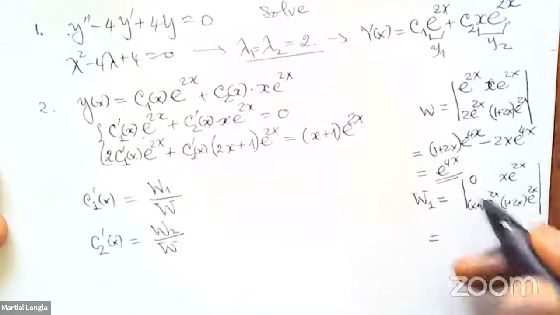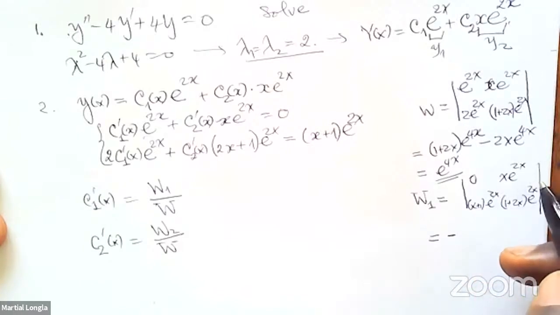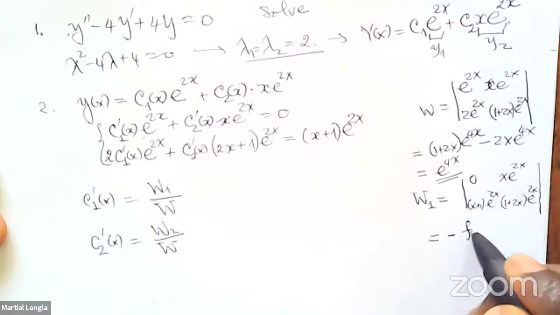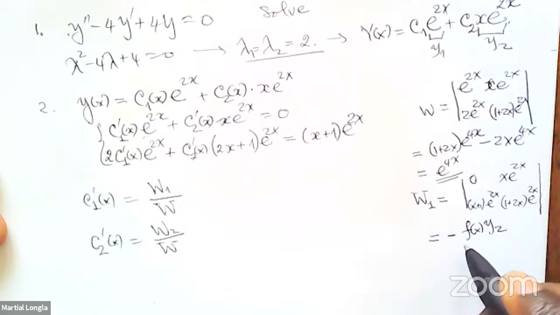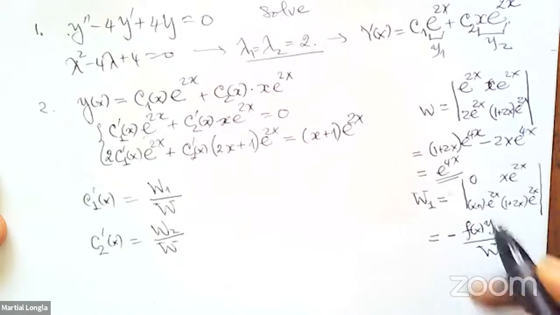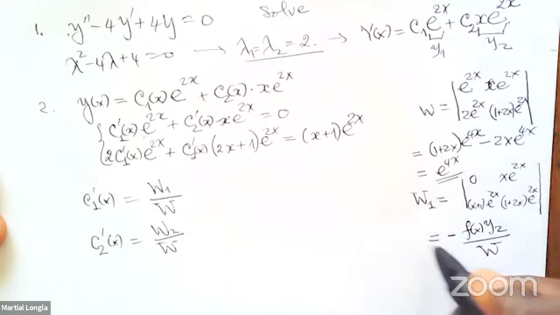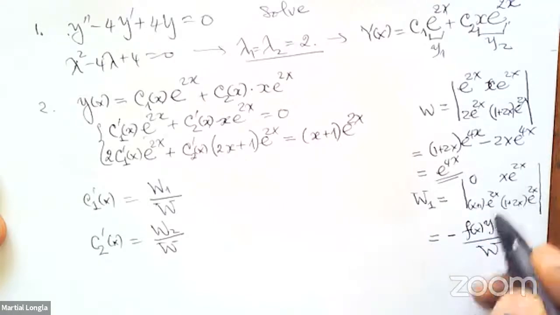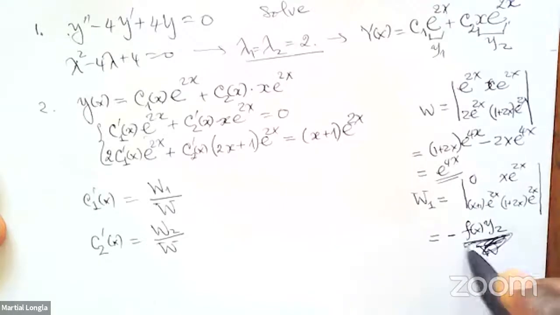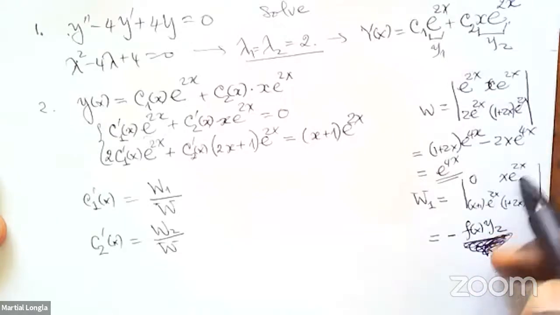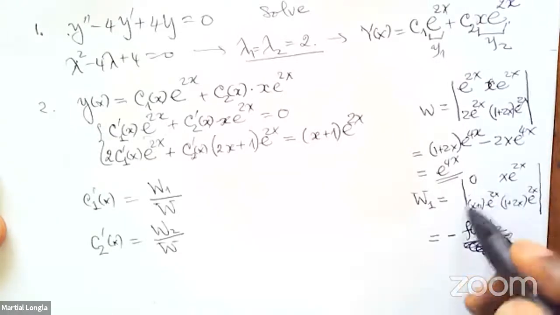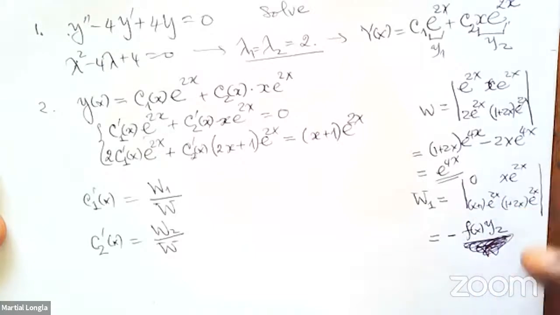which in general can be given as negative f of x y2 divided by W. Sorry, it's negative f of x times y2, okay? Because here is the f of x that you have, and that's the y2.